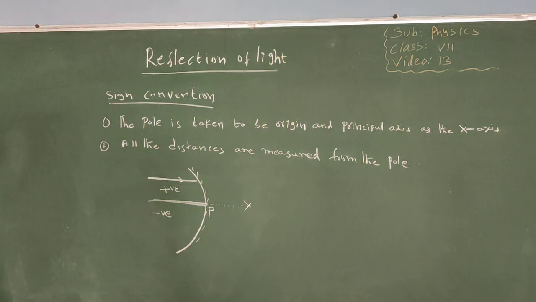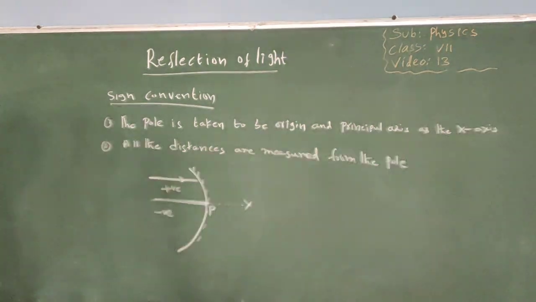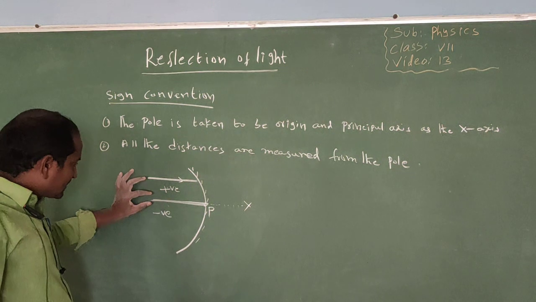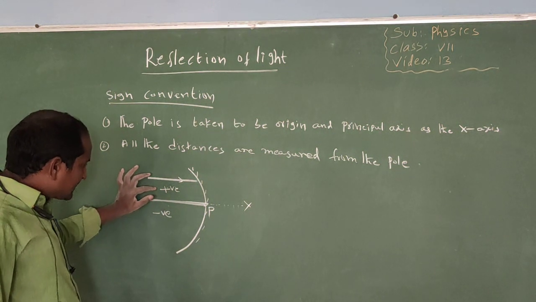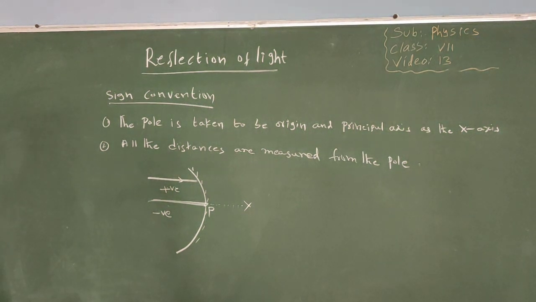Listen once again. All the distances are measured from the pole. Here the principal axis is taken as the x-axis. The distance above the principal axis is positive, below the principal axis is negative. The distance is positive in the direction of the incident ray and negative in the opposite direction of the incident ray.